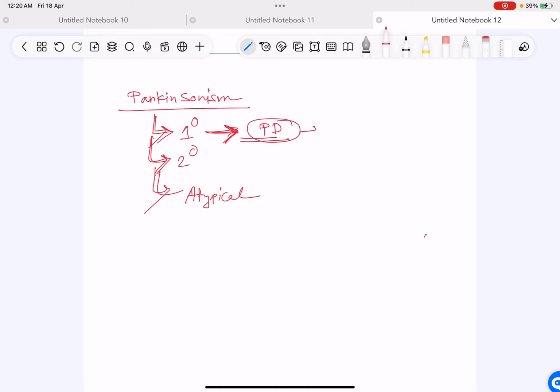And in MSA type C, we see the hot cross bun sign on MRI. If they ask you about the hot cross bun sign, that we see in MSA type C. So MSA with predominantly cerebellar symptoms is due to degeneration of which fibers?